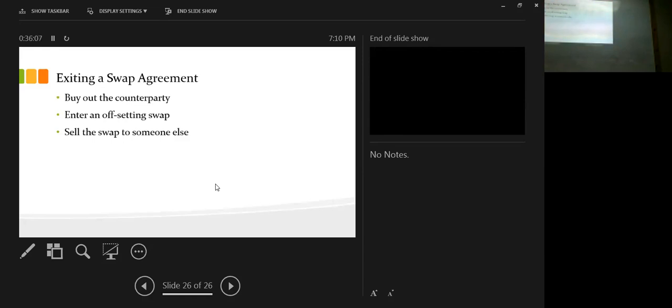You pay the counterparty for the value of the swap, you enter an offsetting swap, or you sell the swap to someone else. Because remember, these are customized, not so much over the counter, so you need to take steps like this.